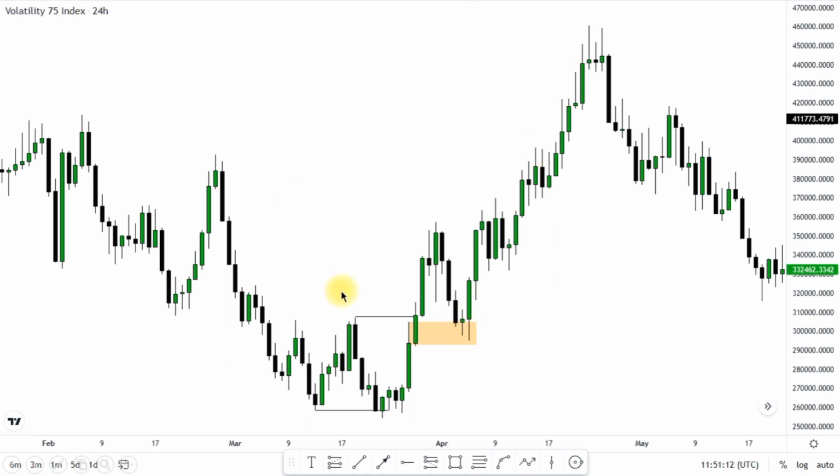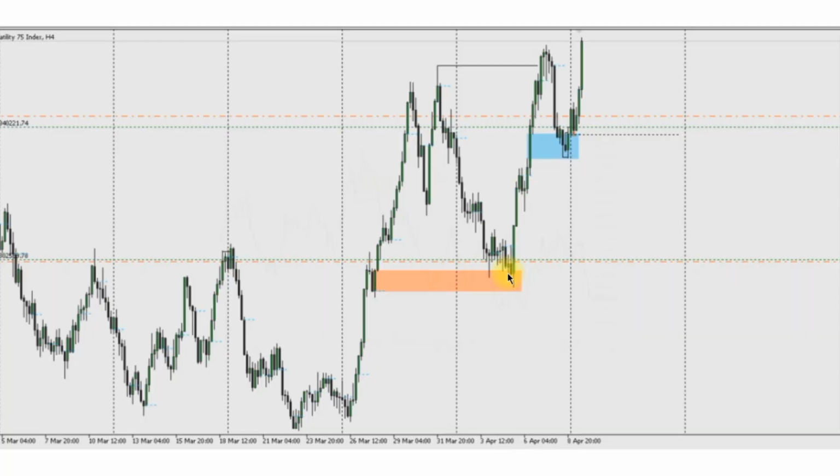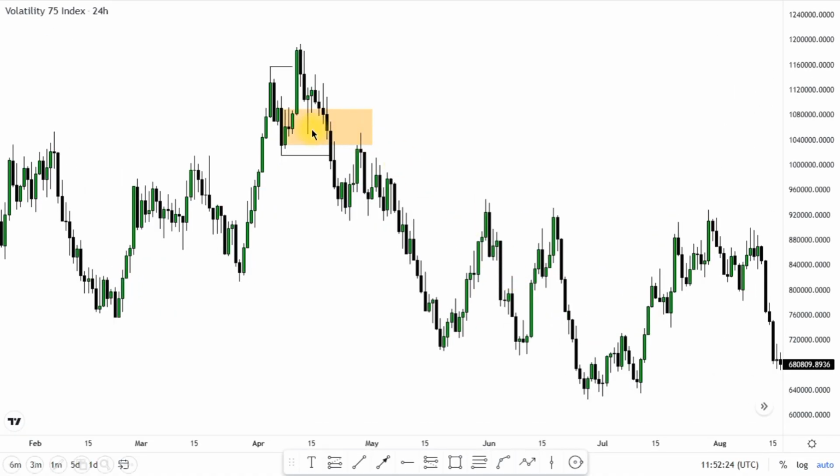So price bought exactly where I bought here. We went up for around 20 days. And let's look at another example. Same process. We run buy side, break structure, retrace to a premium array, break a bulk, price sold, daily time frame.